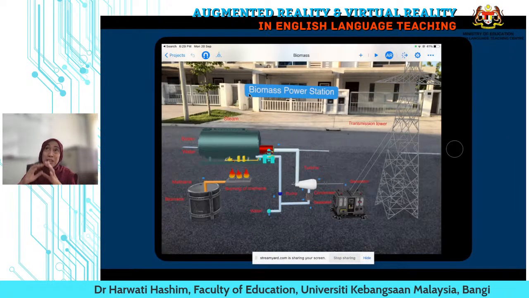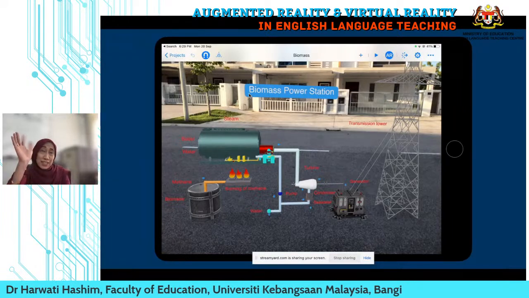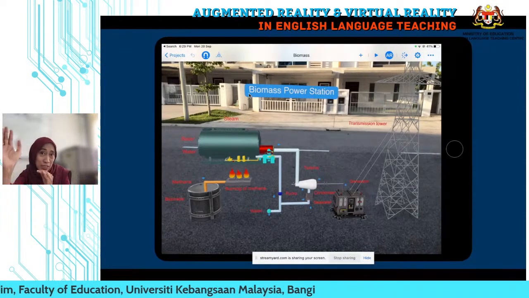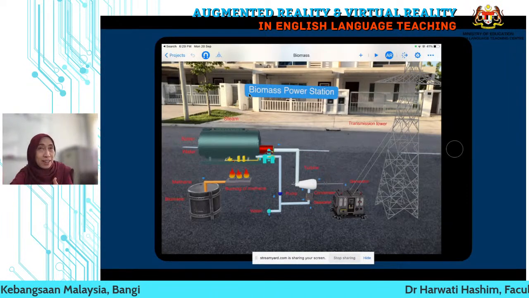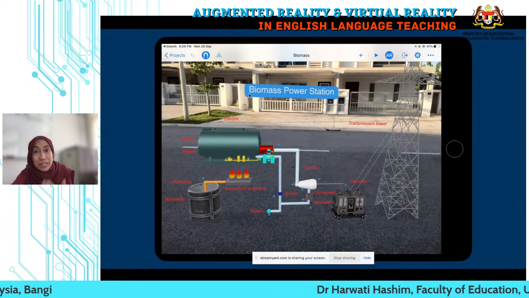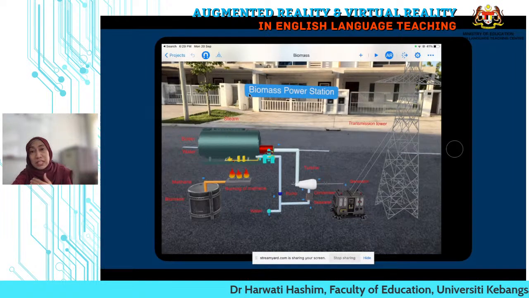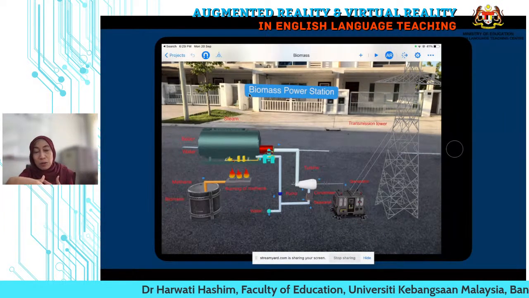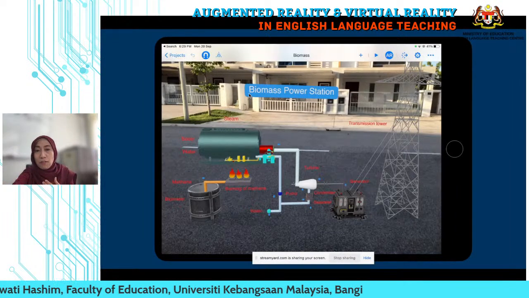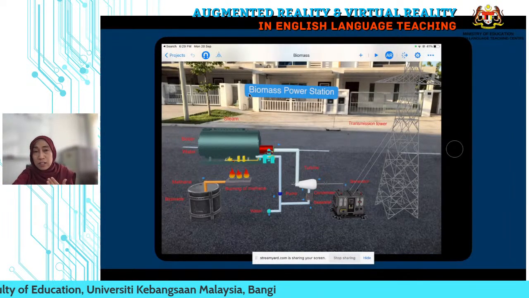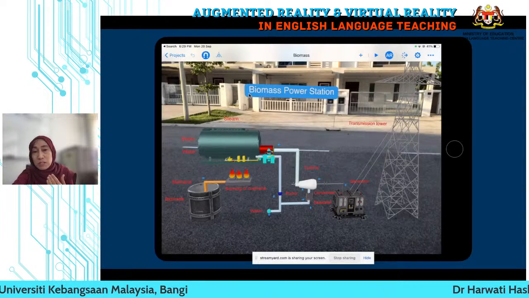If we show them a video, yes, they can see the video, but the immersive experience is not there, because we want them to feel that they are there, to feel the experience of the content of what they are learning. So this is one example of using augmented reality to talk about a biomass power station.